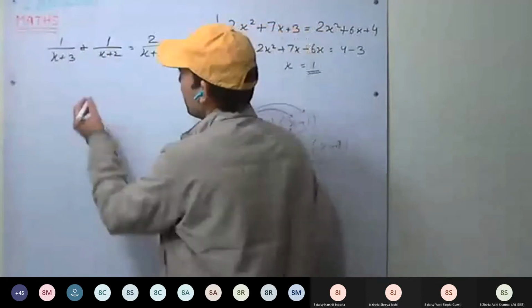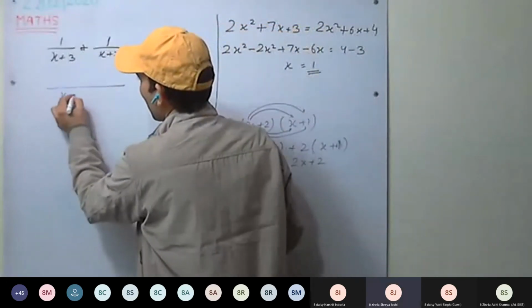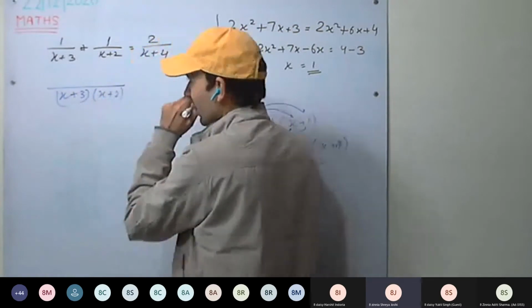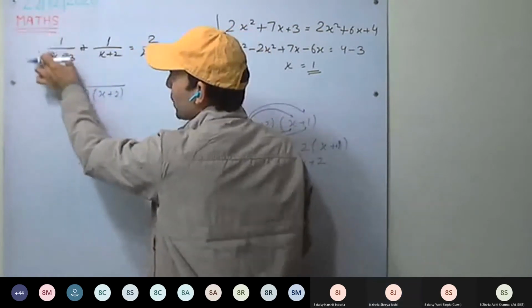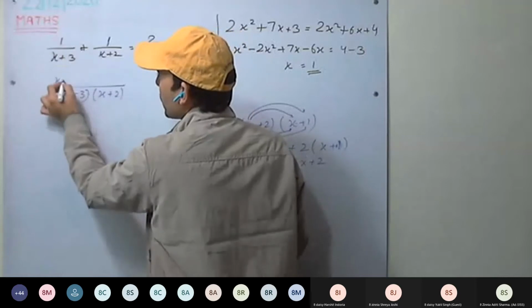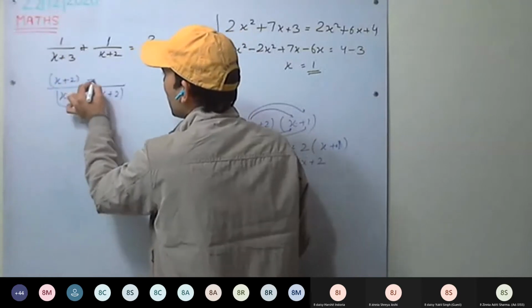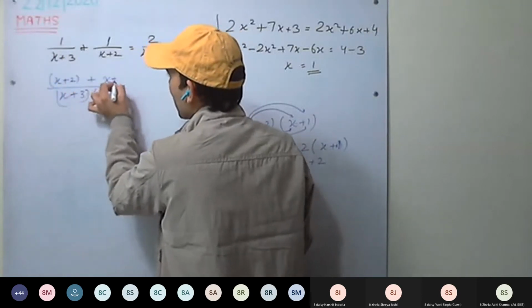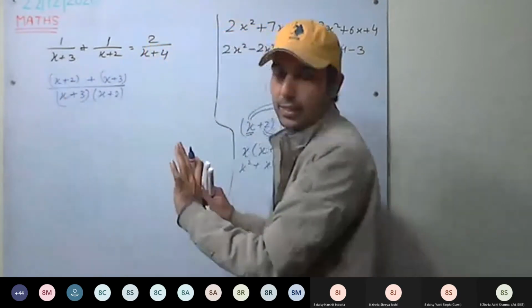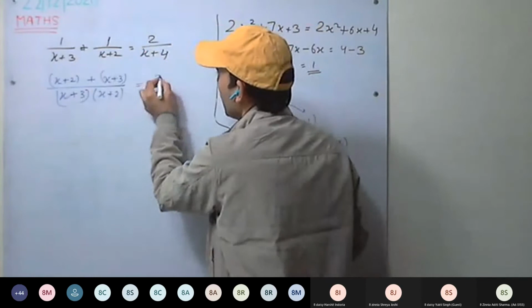What will be the LCM? X plus 3 into x plus 2. Understood? Now the numerator: the first term will multiply with x plus 2, so 1 into x plus 2, plus 1 into x plus 3. There is no need to put the bracket here, but still I put it, no issue.